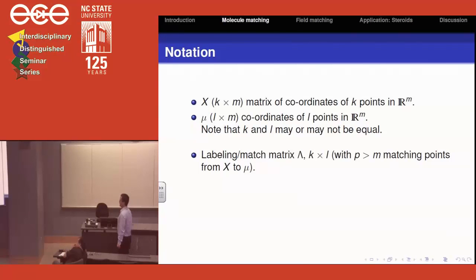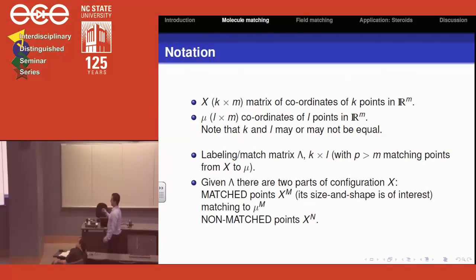And I'm going to introduce a labeling or match matrix, which is of size k by L, which is going to tell me which points match up with which ones in the other molecule. So it's going to give me the correspondence from one to the other. And this is one of the things I don't know. I don't know this labeling matrix, and I want to be able to estimate it from the data.